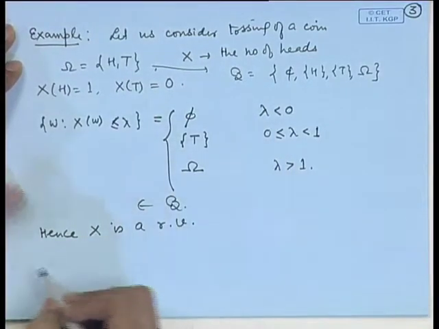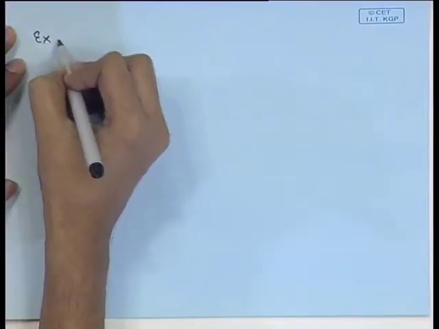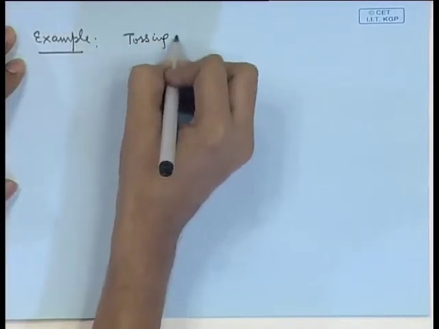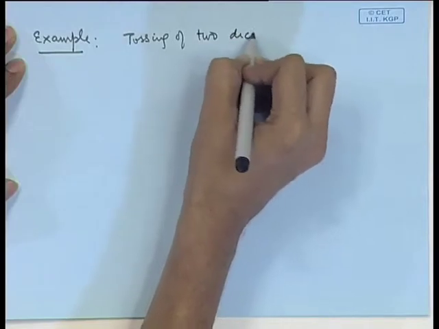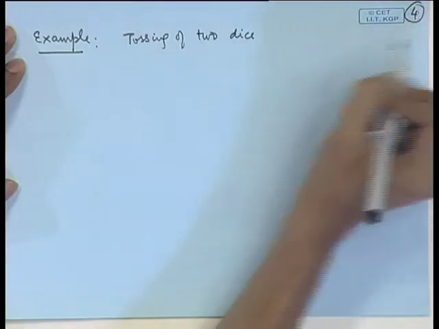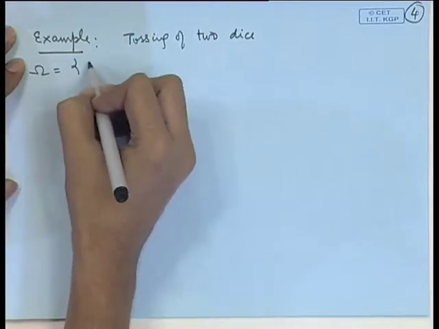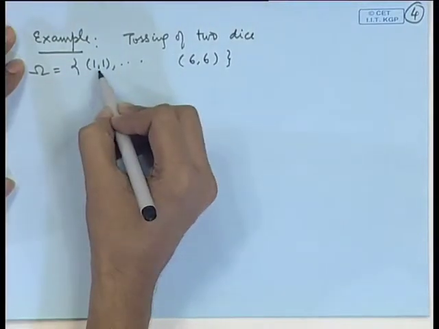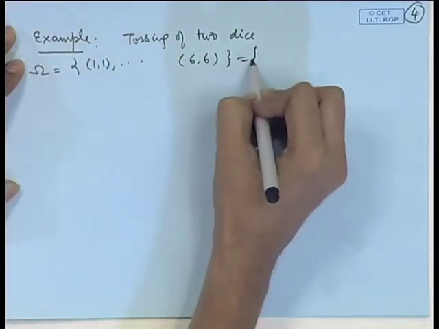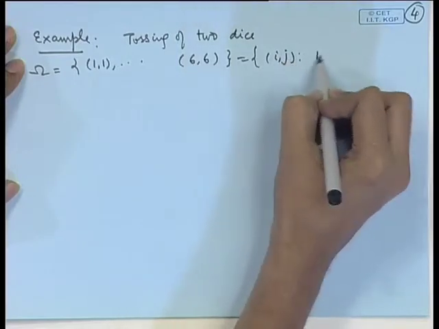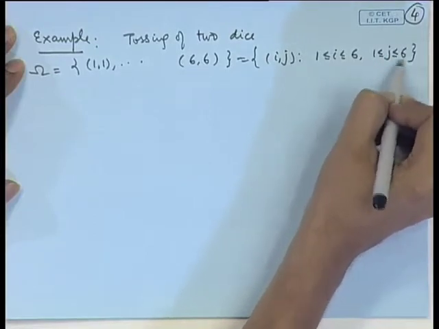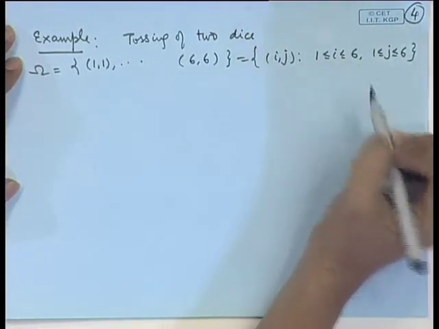Let us take another example, say, tossing of two dice. Here the sample space is, say, (1,1) and so on up to (6,6), all the combinations of numbers (i,j) for 1 less than or equal to i less than or equal to 6, 1 less than or equal to j less than or equal to 6, all the combinations of natural numbers between these.